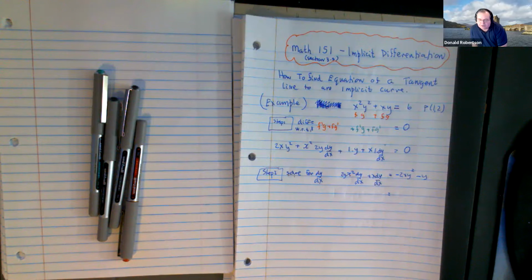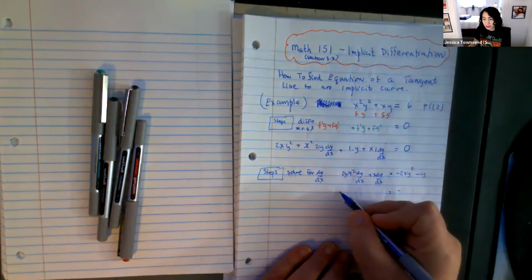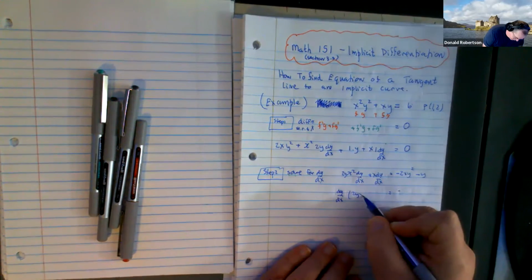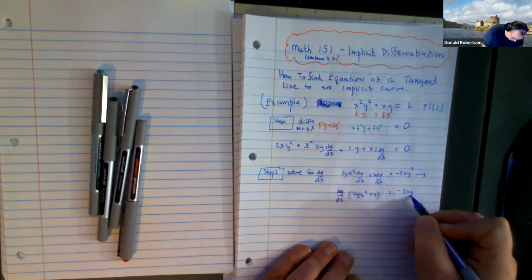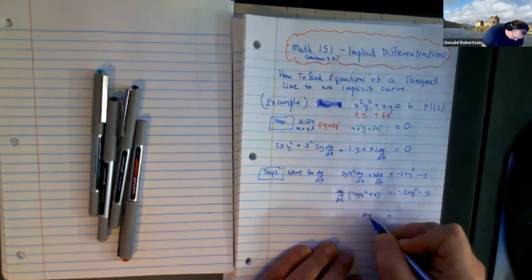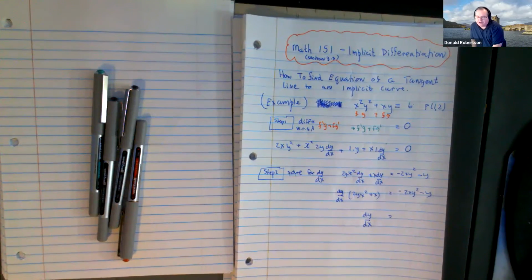What do we do in our next line of working? You factor out the dy by dx. In this case, you get 2yx squared plus x, and nothing really happens over here. And the final step, at least to finding the derivative, is this guy, right?